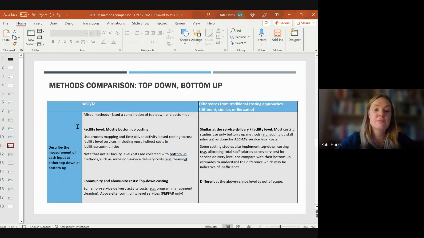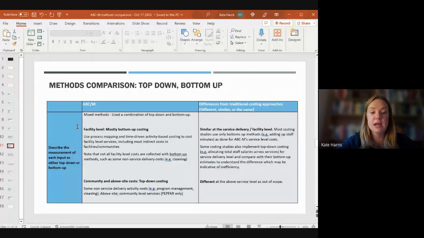In terms of the method on whether something is top-down or bottom-up, for activity-based costing, it's a combination of both. But generally at the facility level, it was mostly bottom-up costing, meaning it's mostly an ingredients-based approach where you're understanding how much equipment, et cetera, is used, and you count them all together to get to your unit costs, and up you go from there.